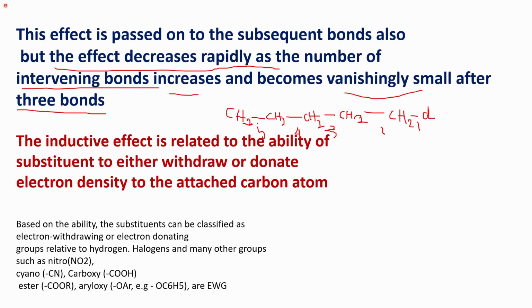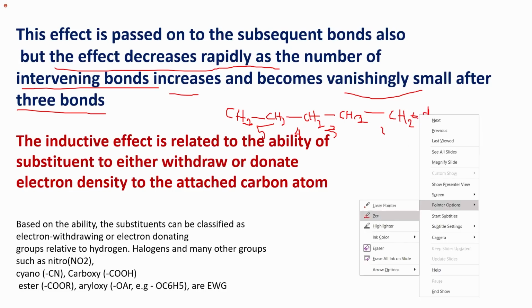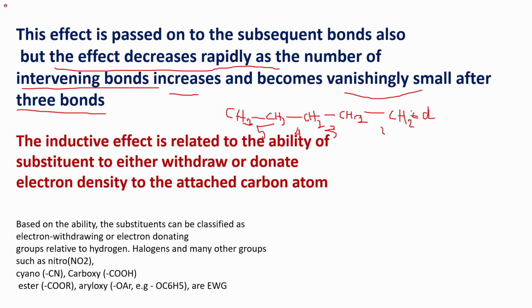Okay, so that means up to this one the electron density is going towards chlorine, right? Because chlorine is more electronegative. Now 1, 2 and 3, so it becomes vanishingly small after 3 bonds.